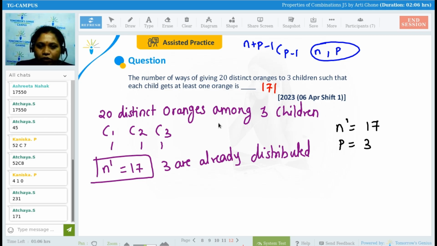The bonus is applicable for this question. Do you know what a bonus is? When there is something wrong in the question, the students who attempt it are credited with the full marks for the question in JEE. So what is wrong in this question? Who will tell me? We are able to solve it, but still there is something wrong.